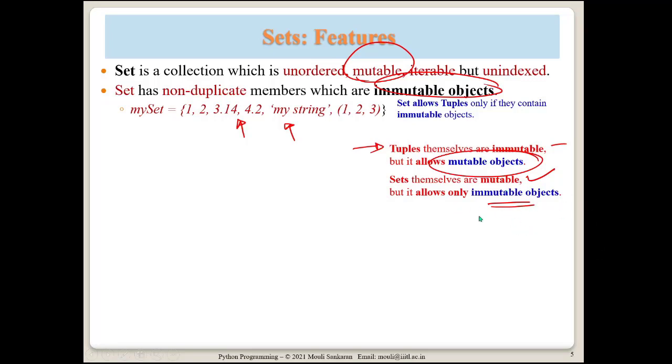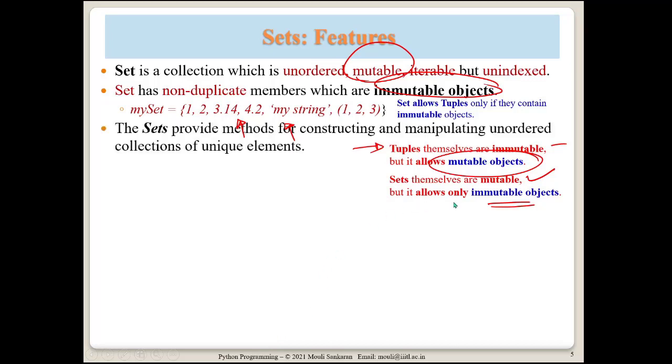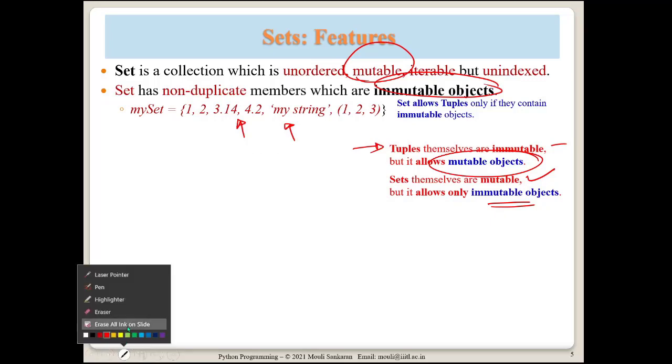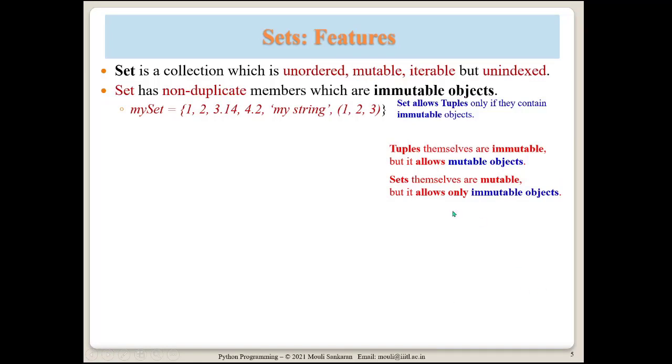Here only immutable objects. Please find the difference between them. Tuples are themselves immutable, but allow both mutable and immutable objects, whereas sets are mutable themselves, but don't allow mutable objects in them. Okay, the reason being the computation of the hash function index.